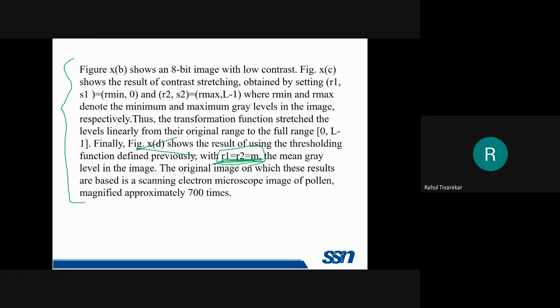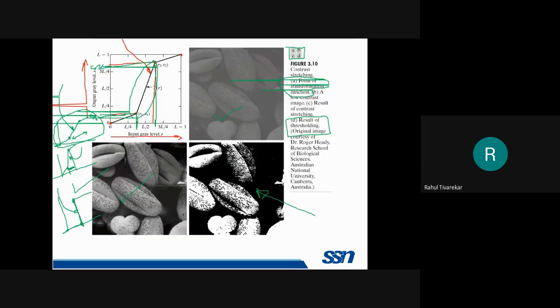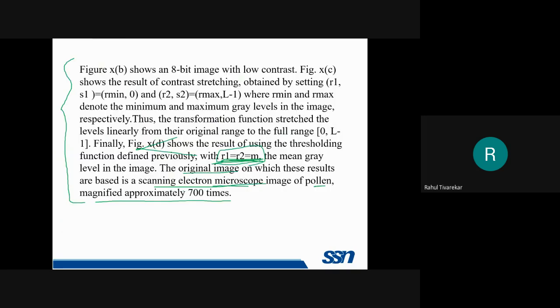The original image used here in this analysis is the result of scanning of pollen under the electron microscope. The digital image of the pollen grain is magnified 700 times, and then you get this image. It's not so good, so you digitally process that image for image enhancement using contrast stretching, and you get this. So this is pollen of sunflower.